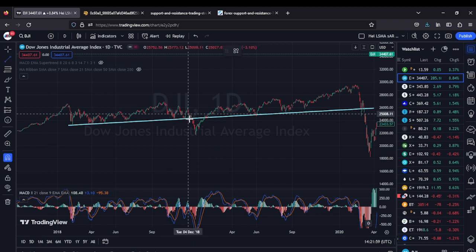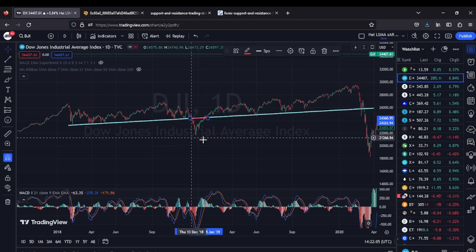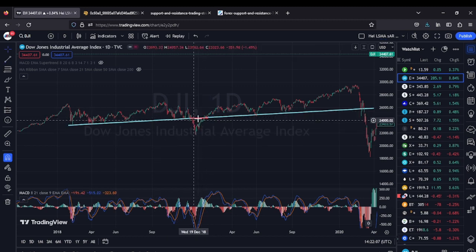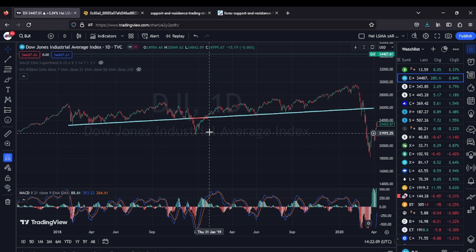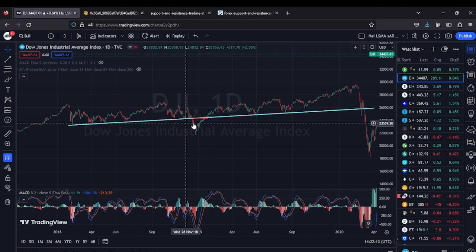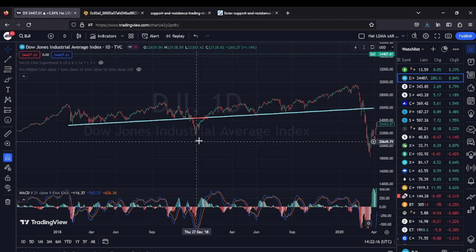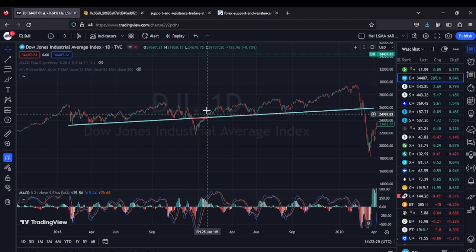Let's make this more clear. Right here is actually a resistance line. The support became resistance on the red line when it broke through and broke down. When the price action broke up and through it, that became support again.